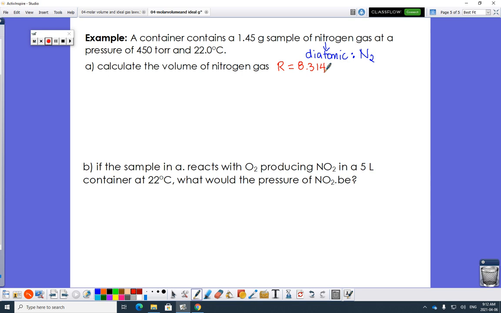And it tells you liters, we're solving for volume, so our answer will be in liters. It tells us kPa. Is this kPa? No. It tells us moles. Is this moles? No. And it tells us Kelvin. So we're going to do everything.